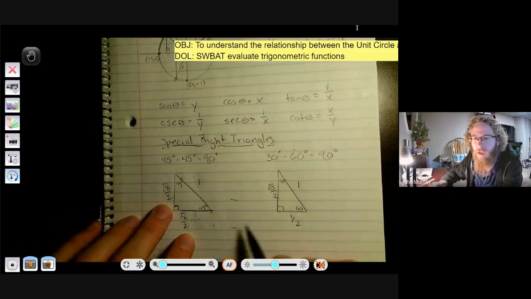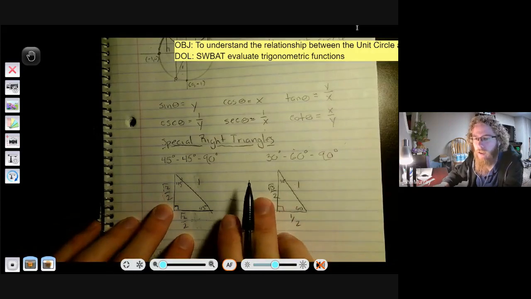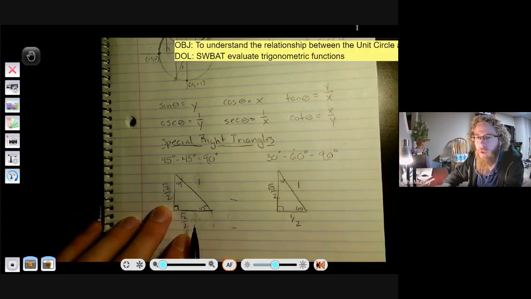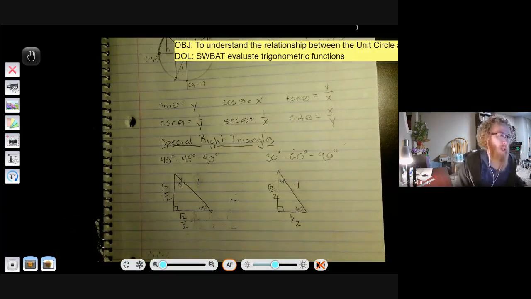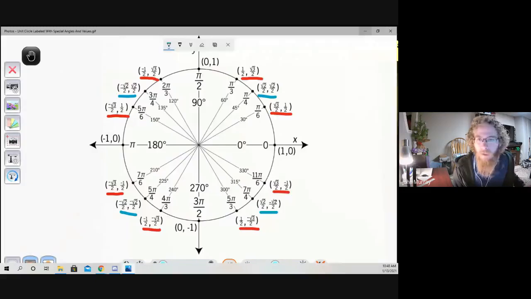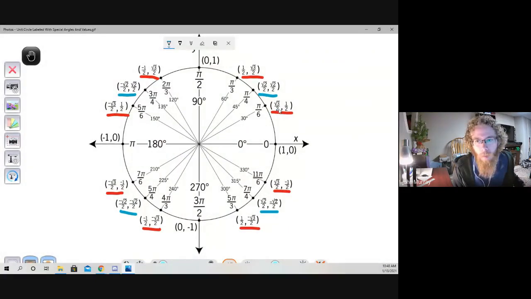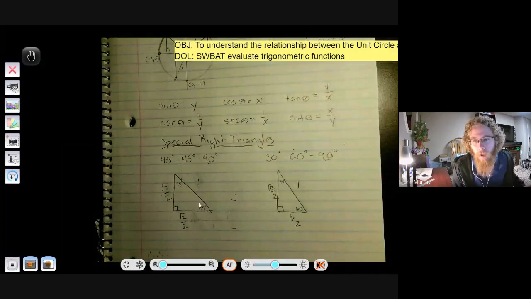Now, hopefully these numbers, even though we just looked at it, look familiar. I have root 2 over 2 and root 2 over 2. I have root 3 over 2 and 1/2. Going back to my unit circle, we see those numbers there. So all of these values are derived from our special right triangles.